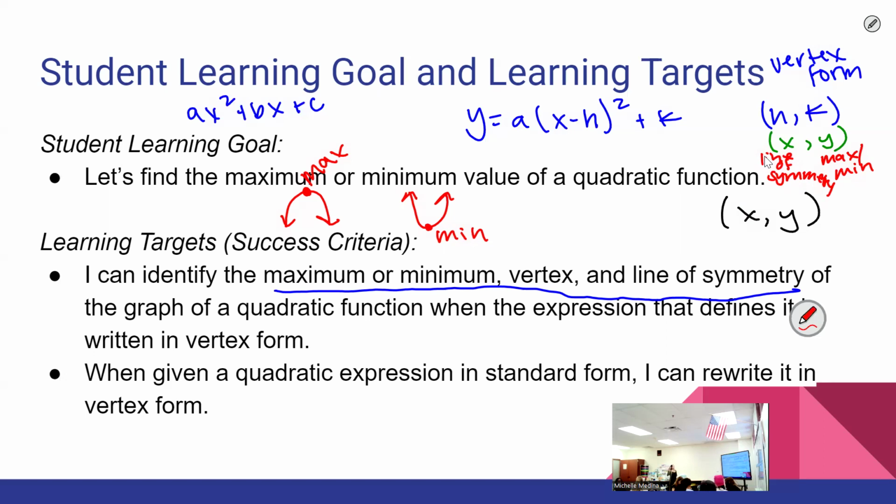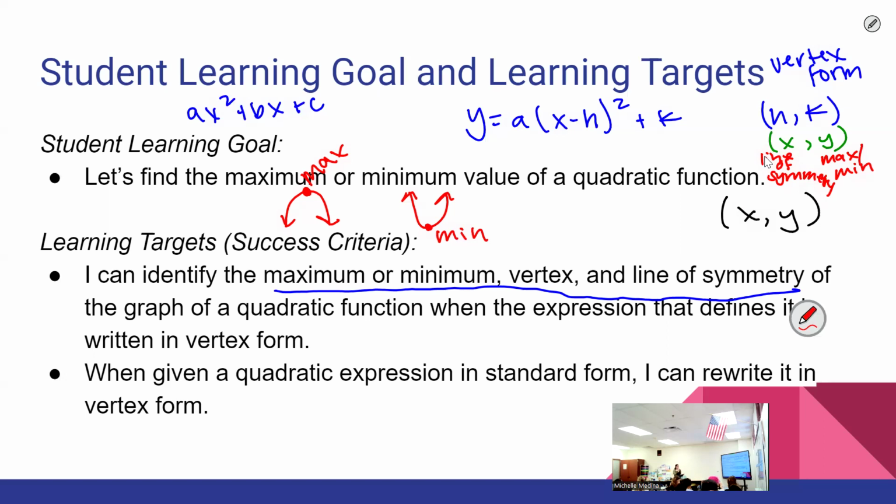If I have 2 different functions, whether they're graphs, tables, or equations, and of course the equations all have different forms, you need to be able to compare the y's of your vertex and say which is higher. You need to be able to tell me the line of symmetry as x equals this number, and it happens to match the x of the vertex.